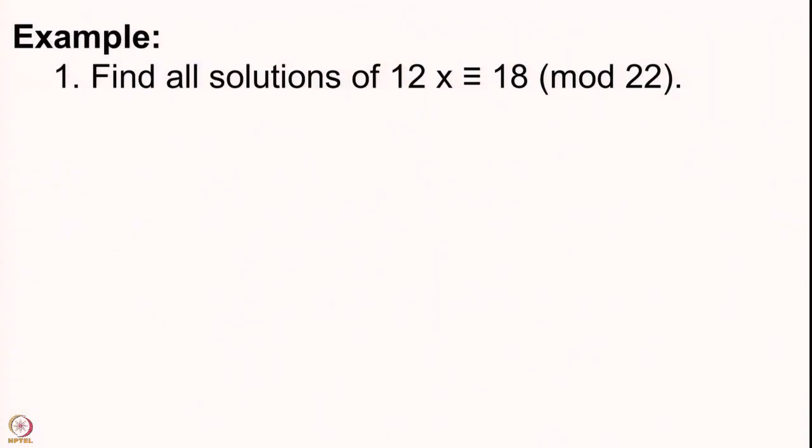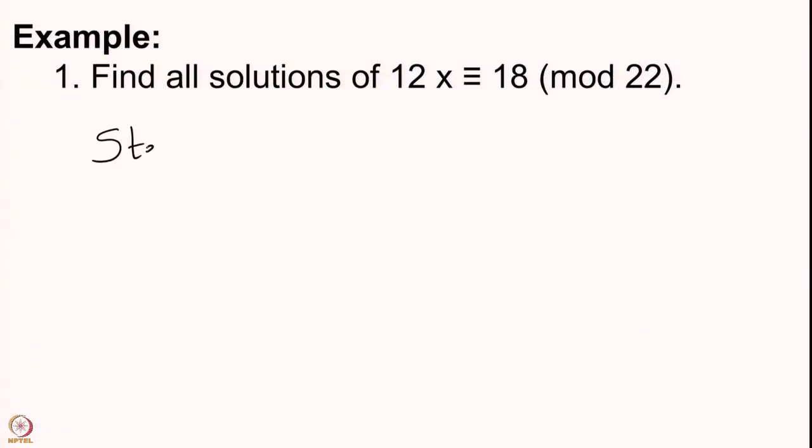So we want to find all solutions to 12x congruent to 18 mod 22. Our algorithm says that you compute the GCD.